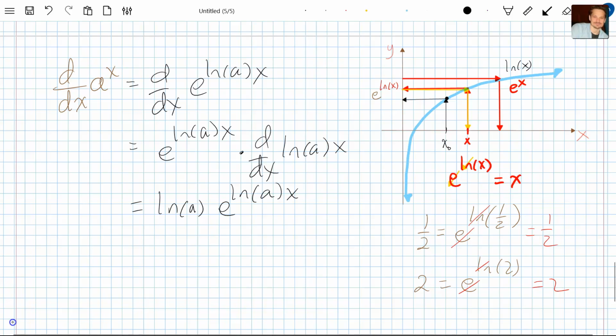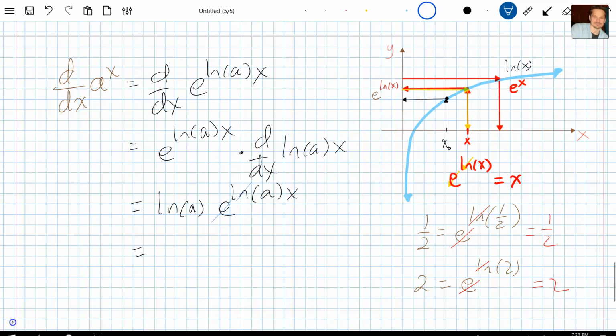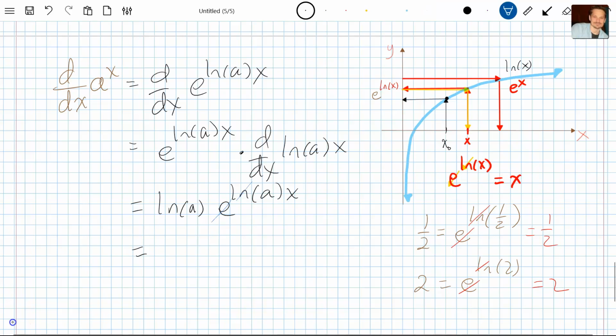And this is our derivative. The master stroke occurs when you realize that because e and ln are again inverses, you can cross this back off and then copy the rest of it: ln of a, bring the a down to the base and keep the x in the exponent. That's it. So this then becomes our derivative, ln a times a to the x, right here.